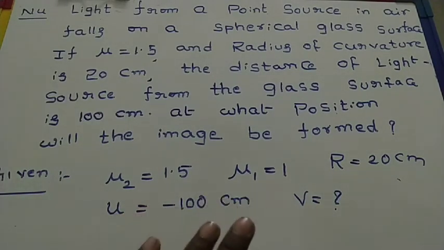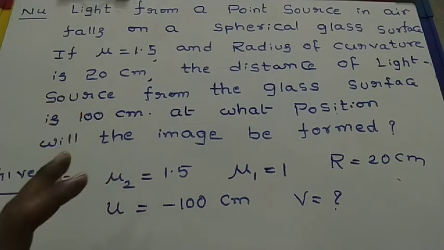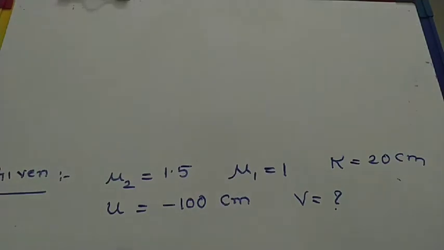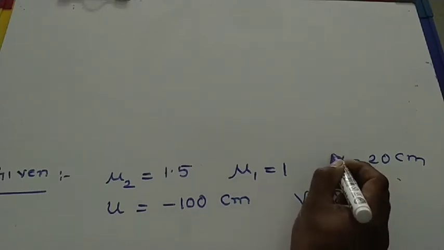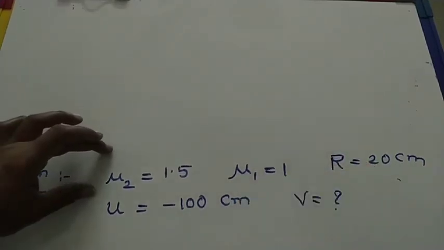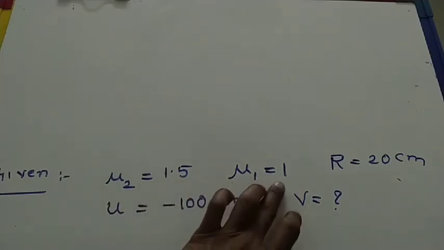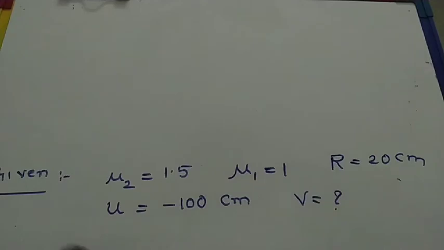Now, we got a picture about the question, and we are going to see how to solve this numerical. Students, remember mu2 we know 1.5, mu1 is equal to 1, r is equal to 20 centimeters, u is equal to minus 100 because left side according to sign convention we have to take minus, v is equal to how much? This is the question.